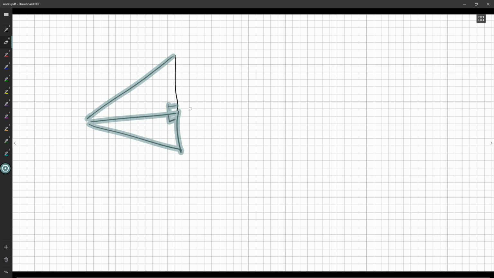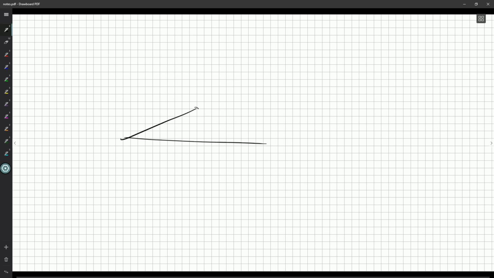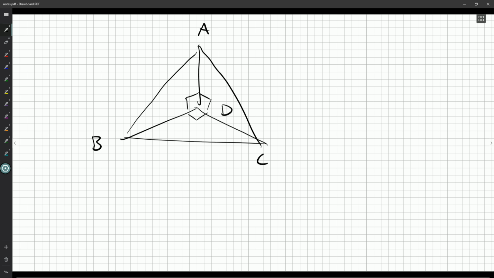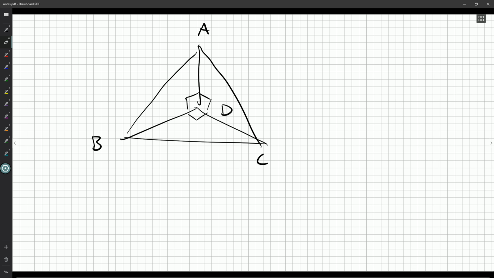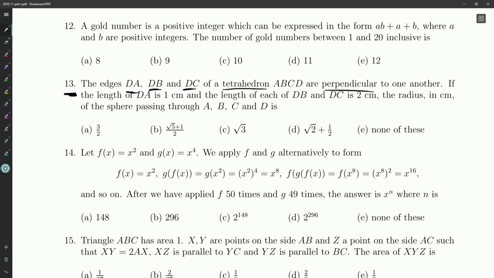My perspective's off here. Let's do something like this. A, B, C, D. Oh no, I do have D. For a second there, I thought I put A. All right, so there's my tetrahedron.